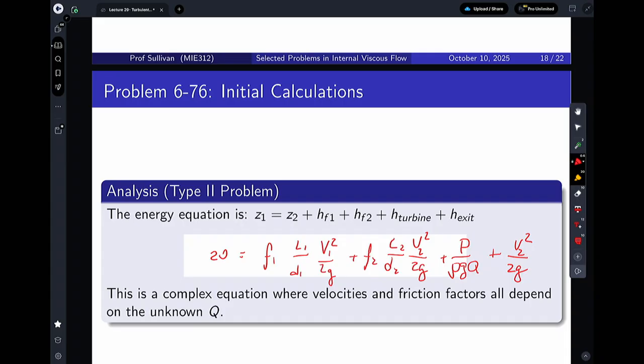This is an equation where now I have two velocities, the one in the first pipe and the one in the second, because of course, even if mass flow is the same, the velocities in the larger pipe are going to be less than the velocities in the smaller pipe. And I also have an exit at the end, which is the jet or the tank exit at the very end of that.